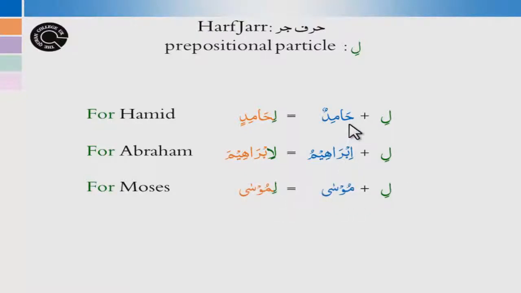So I've taken three examples, one from the Mabni Asma, which is li Musa, where you can say that this Musa is different than this Musa, because this one is in Rafa and that one is in Jar. Similarly li Ibrahima: you can see that this is not the nasab case, but the jar, because it's used with the preposition particle li. And here you can see li Hamidun and li Hamidin.